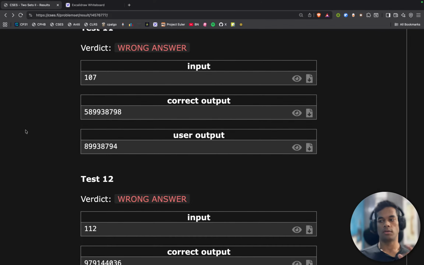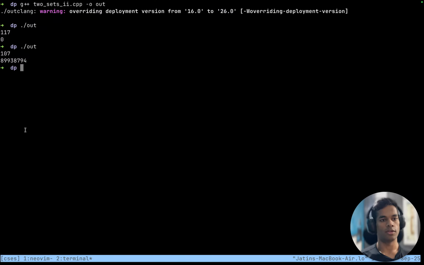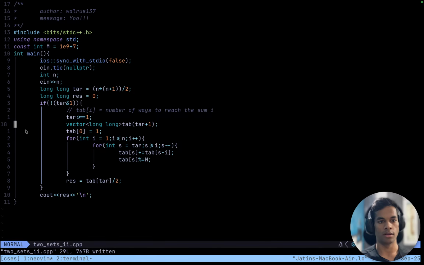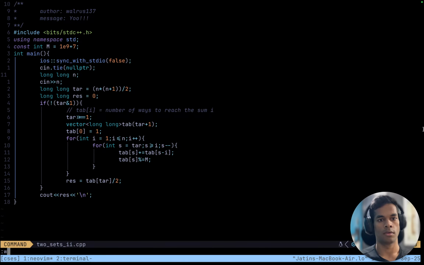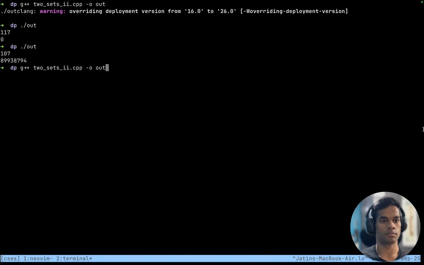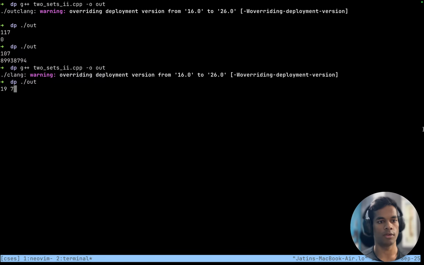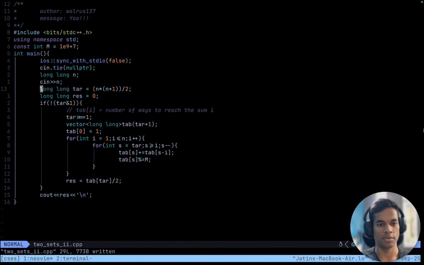Wait, shit. The sum might be very big. This thing might be actually very big. Yes, you never know. 107, 107. Still, okay. That was not the thing. Maybe that was the thing, if I'm multiplying long by long. Wait, this is not even that big. Nah, nope.